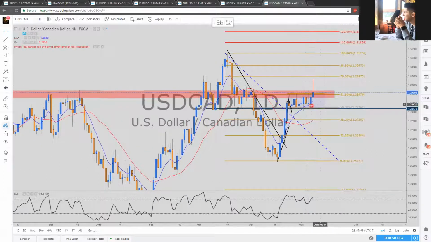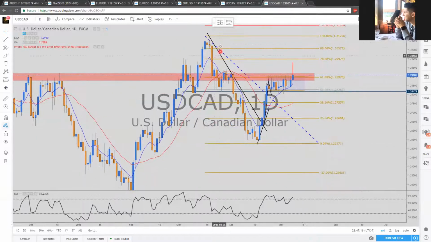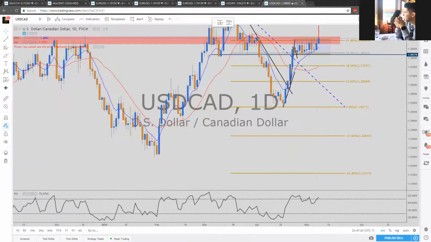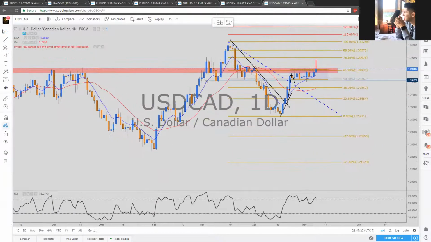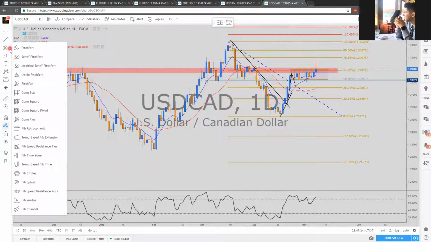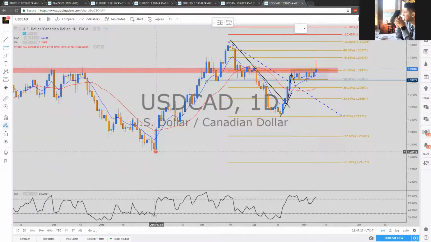So this is also the 61.8 level, which is why I was thinking that it should be dropping down. We can see price came down, came back up. Now, I could do the Fibonacci backwards, because it looks like it's breaking above.